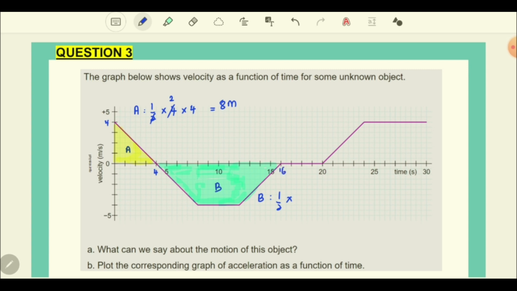Okay, so 16 minus 4 is 12. So 12 plus, so this one 12 minus 8 is 4. Times the height is negative 4. Okay, here we have a negative, right? So this is negative 4.